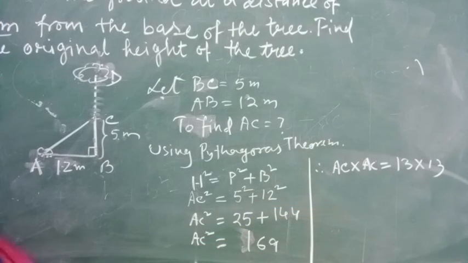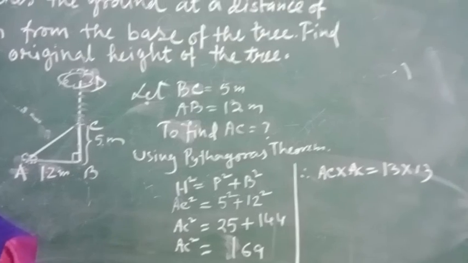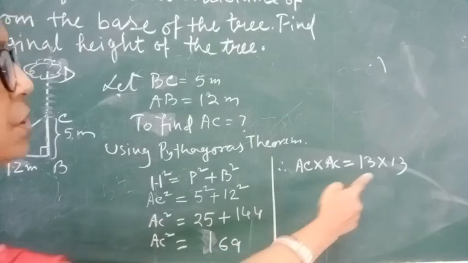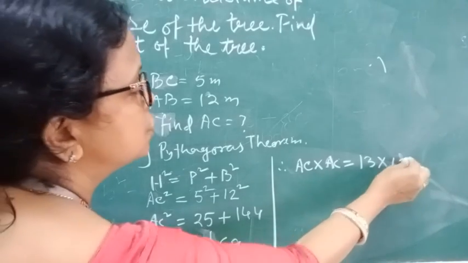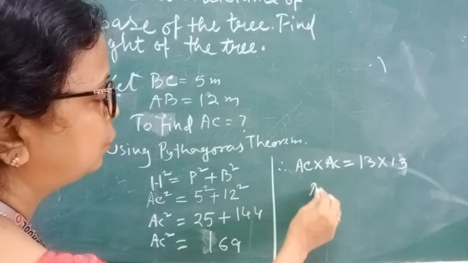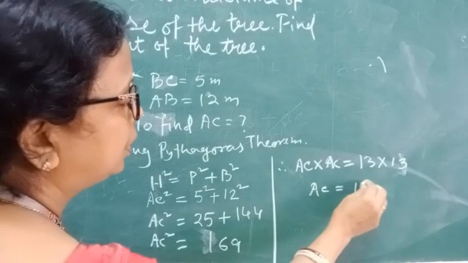Can you see the board clearly? Now AC square is equal to 169, and we know that 169 is the square of 13 into 13. So AC into AC is equal to 13 into 13. So AC will be 13.